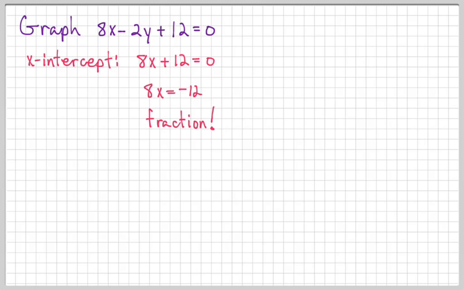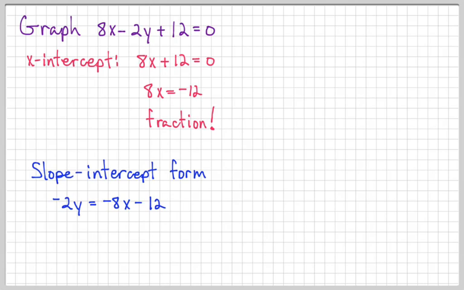So let me stop right there and use the slope-intercept form instead. That's going to give us negative 2y equals negative 8x minus 12 if we solve for y. Divide everything by negative 2, and we will get y equals 4x plus 6. So let's graph this.